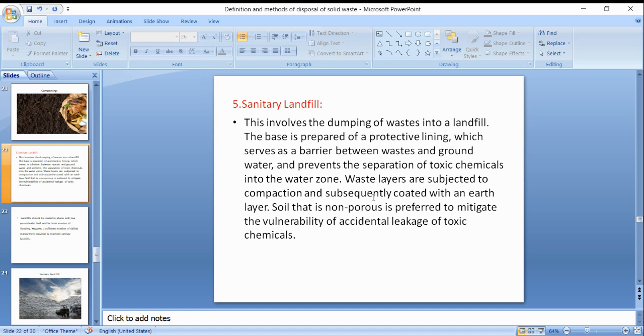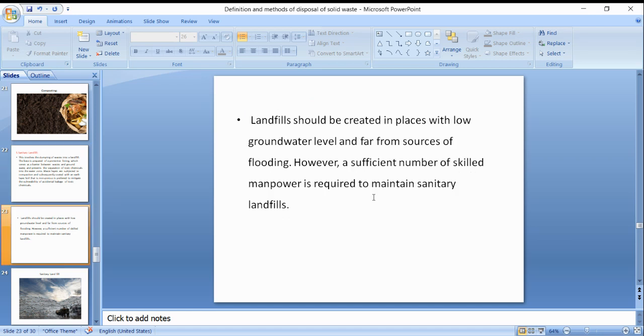After laying the waste, we compact it and coat it with an earth layer. It should use non-porous materials, and if there is any leakage, it will create toxic chemicals, so we have to watch carefully. Landfills can be created in places with a low groundwater level and far from sources of flooding.